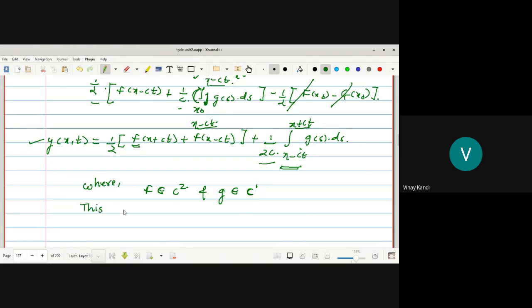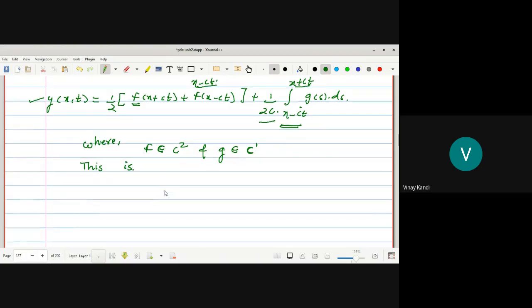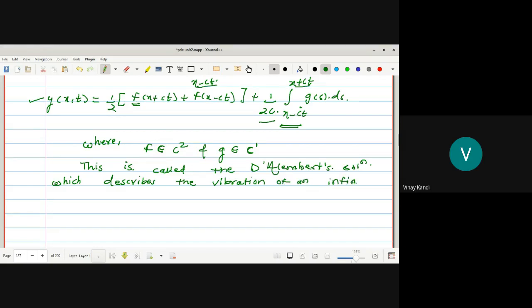Okay, so this is called D'Alembert's solution, which describes the vibration of an infinite string at any point x and at any time t.